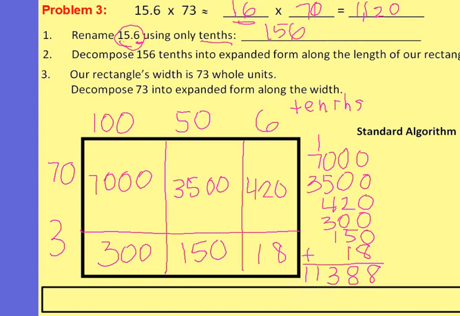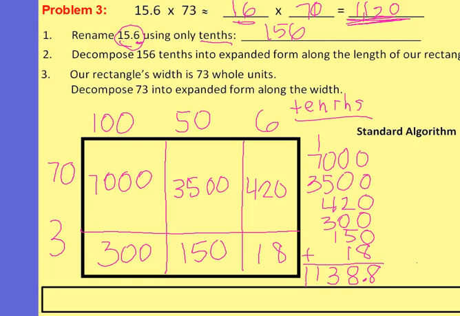And remember, this is 11,388 tenths, so I'll have to put my decimal right there so I have one number behind the decimal in the tenths. And notice that it's 1,138 and 8 tenths, and our estimation was about 1,120. So that's only 18 away with 8 tenths as well.